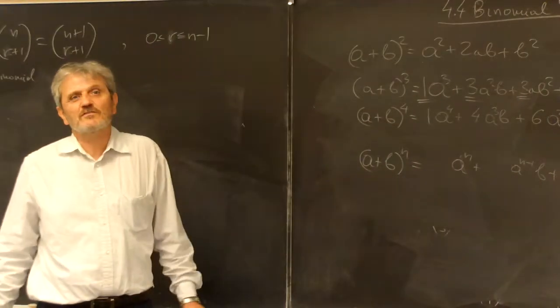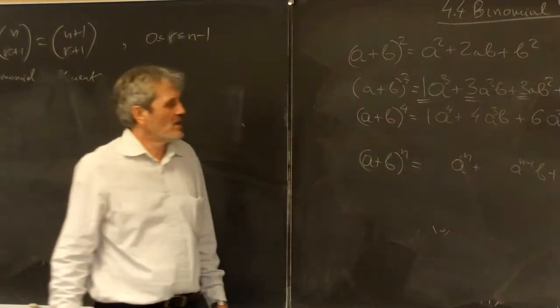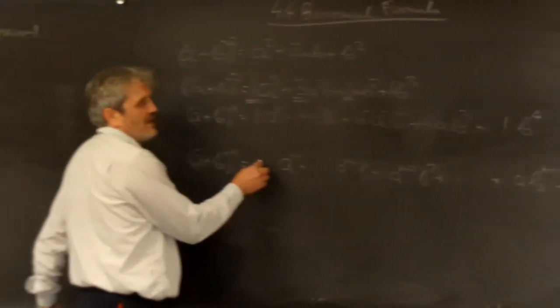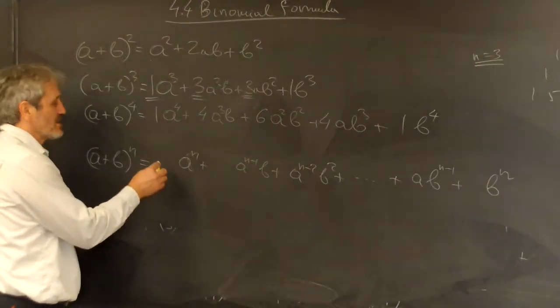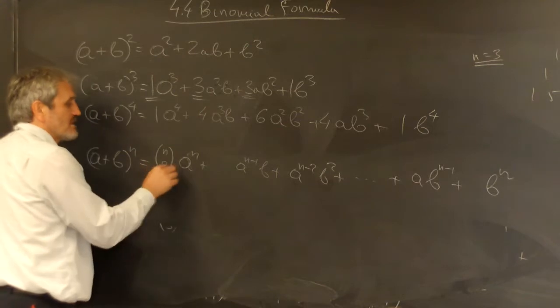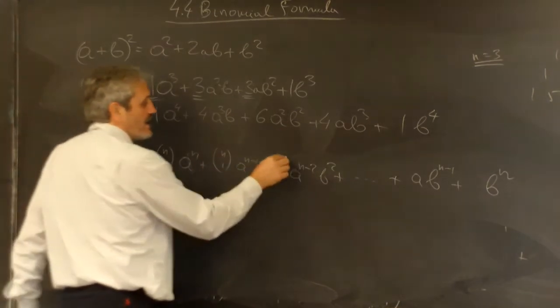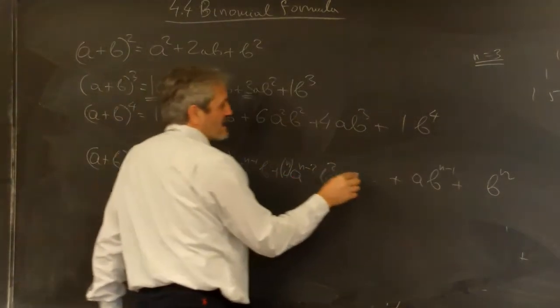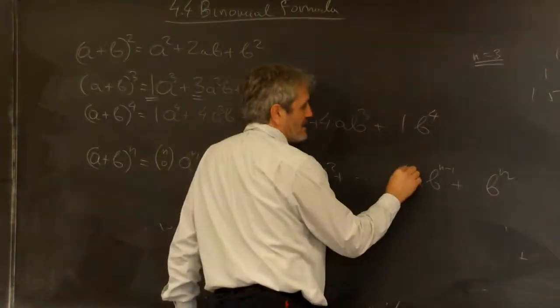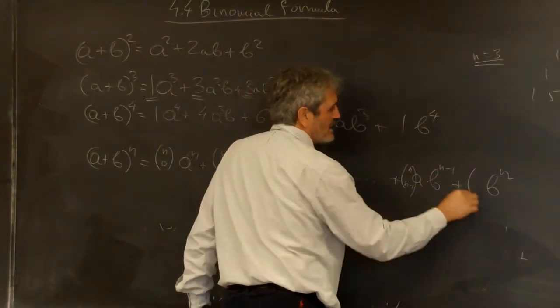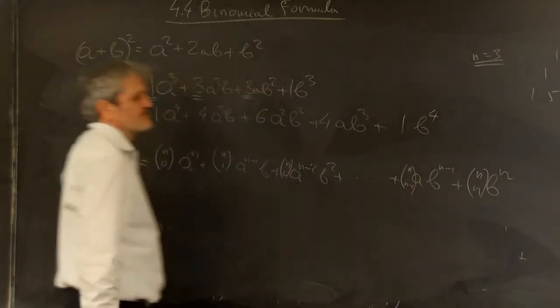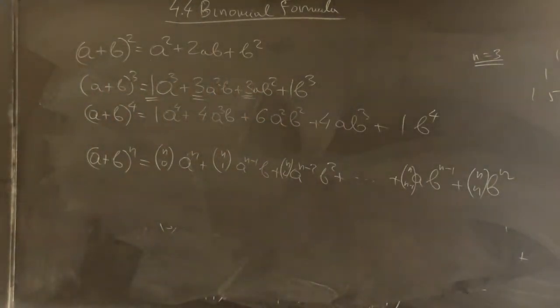It's not proof, it's not fact, this is by analogy. Who would be here on the nth line? n choose 0, n choose 1, n choose 2, because that's who is in the Pascal triangle. n choose n minus 1, n choose n. And that's Newton's binomial formula.